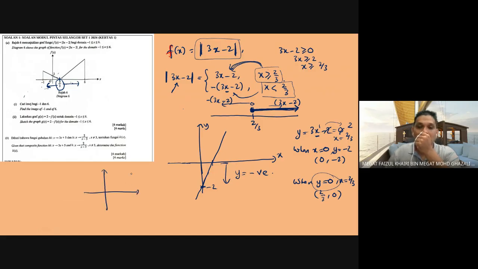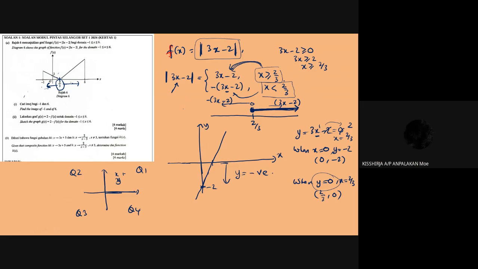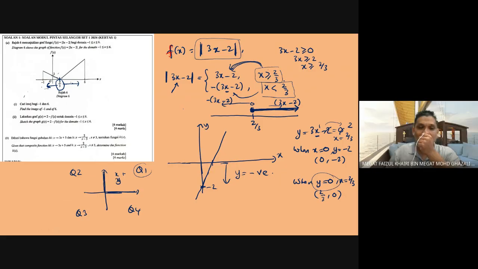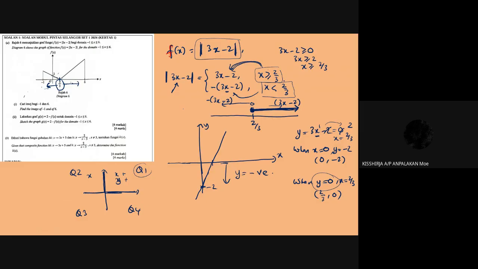Quadrant 1, quadrant 2, quadrant 3, and quadrant 4. Quadrant 1: x positive, y positive. Quadrant 2: x negative, y positive.